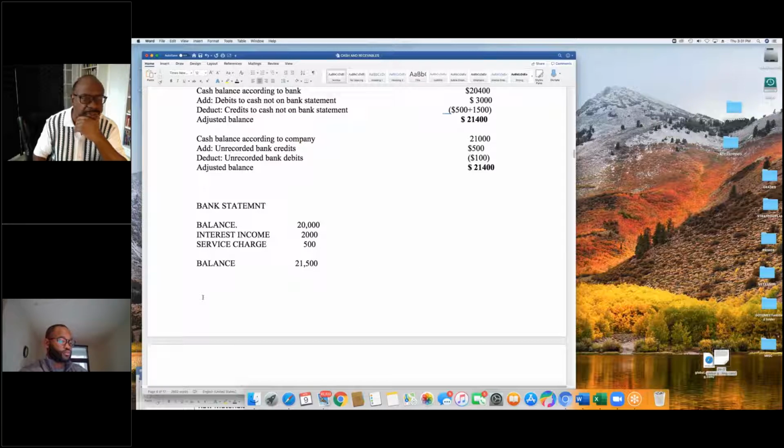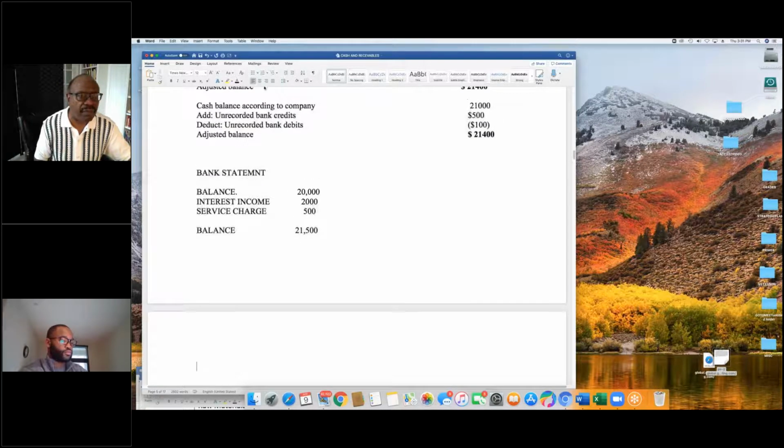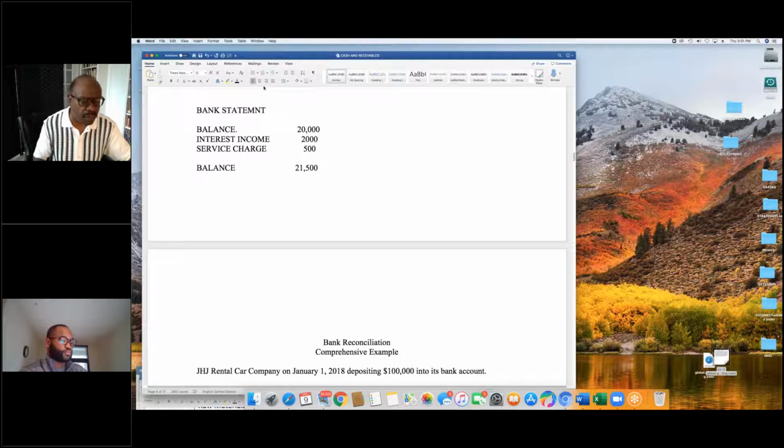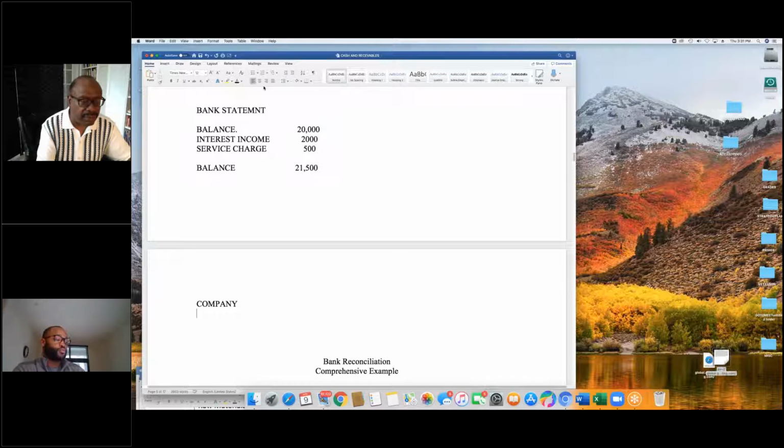So next, let me just put it underneath. We come to the company. And for the company, when they look at their account, it has a certain balance, but there are outstanding checks.